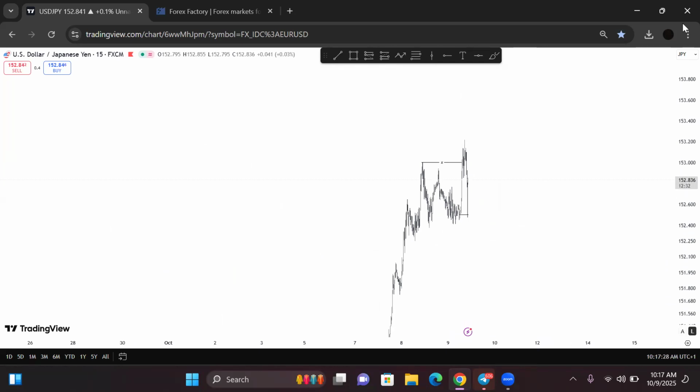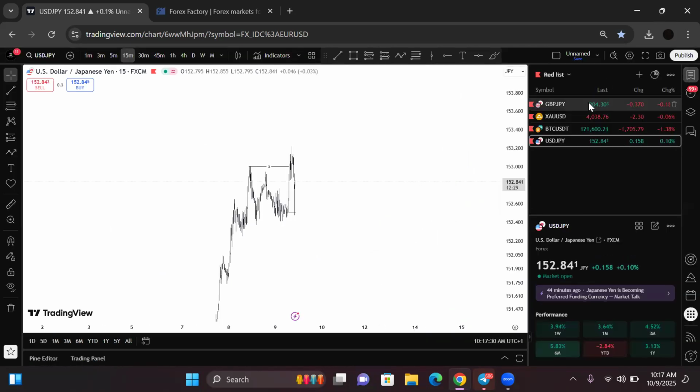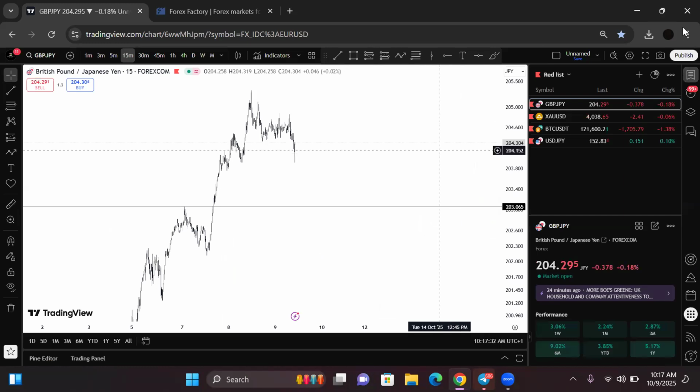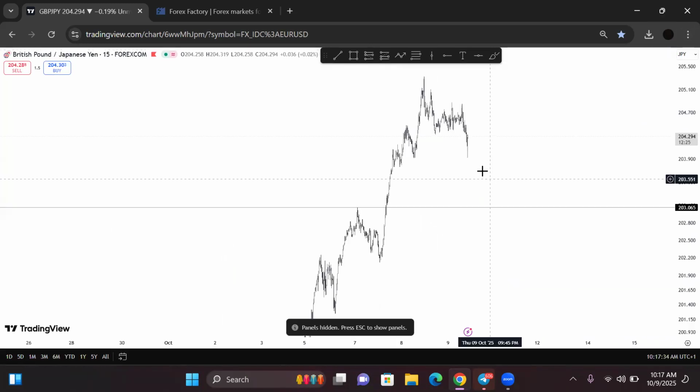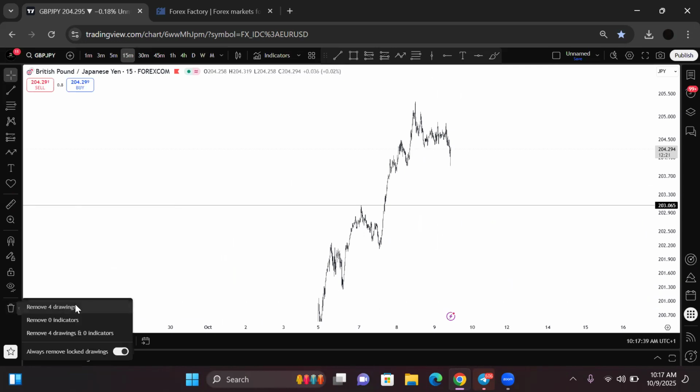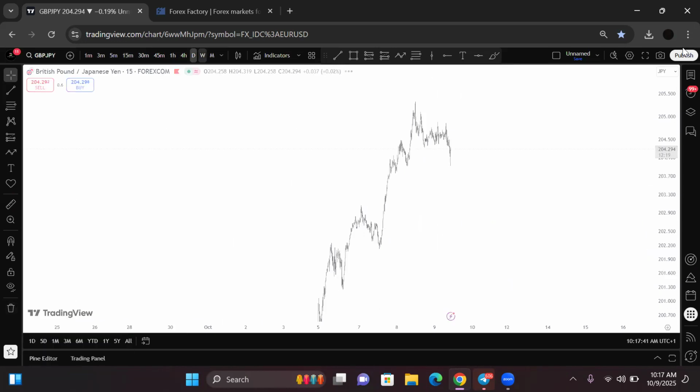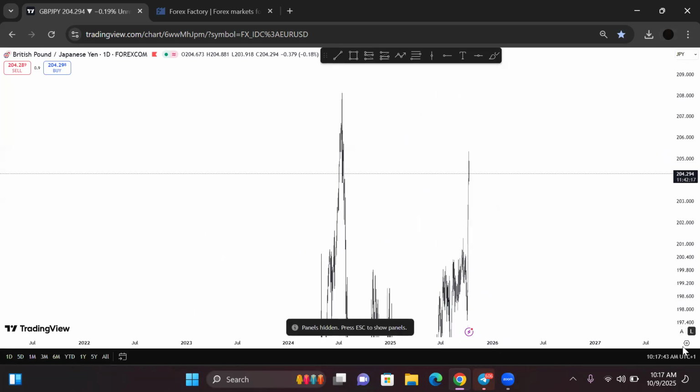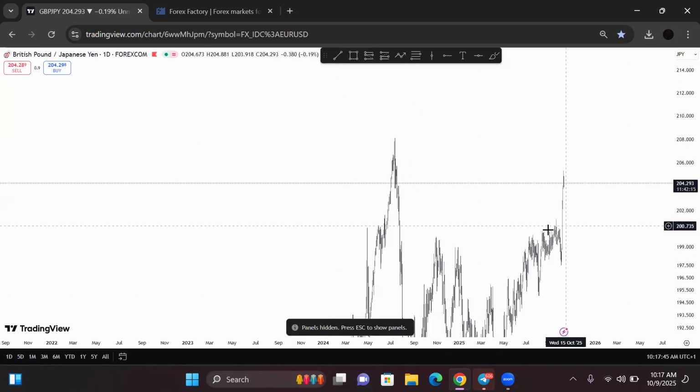Right, so let me check GBP JPY. All right, so let's start from our daily time frame to see what we have. Right, so we're also bullish on GJ.